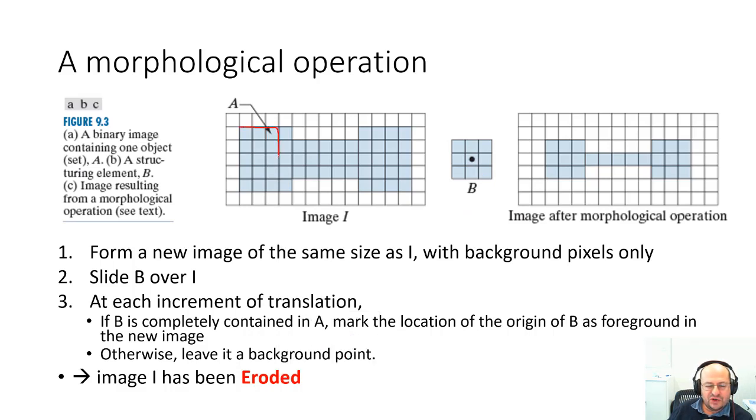If this element is totally contained in the image, like in this case, then the middle, where the dot is, which is the center of the structuring element, and the center could have been defined at any point in the structuring element, I mark that pixel in the constructed image as foreground object.